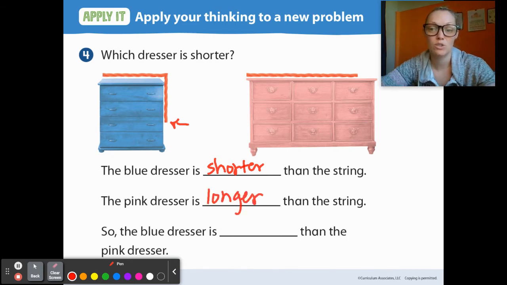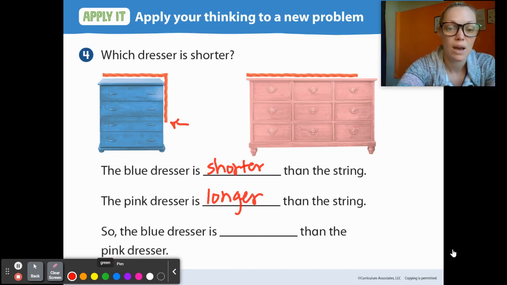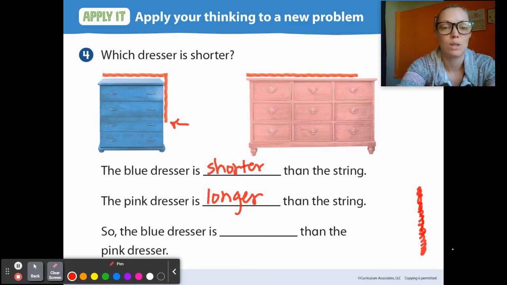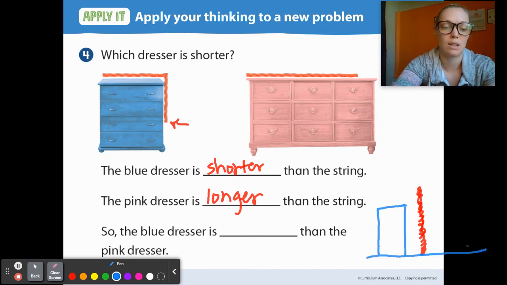So again, if I want to draw a picture to think about this, I would go like this. Here's my string. I'm comparing both of my objects to a string. I know that my blue dresser was shorter than my string, and I'm going to have them all lined up on my starting line. I know that my pink dresser was longer than my string.